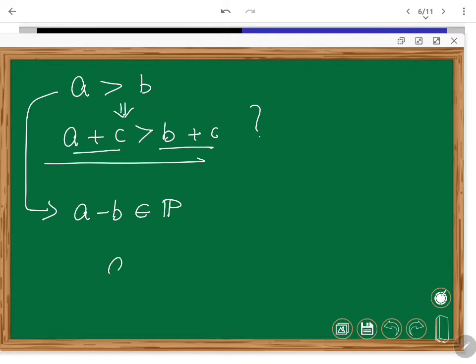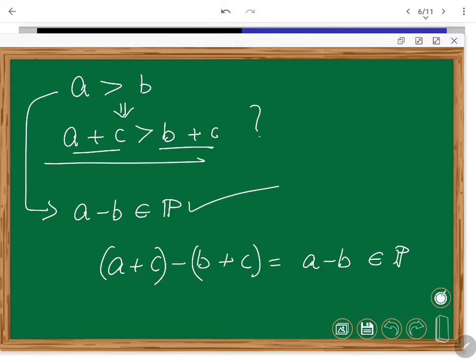See, A plus C minus B plus C. In some sense, you try to look at it. Will you get something from here? Because obviously A plus C minus B plus C will be nothing other than A minus B. This is going to be in P. Why is it so? A minus B is in P from the hypothesis. A plus C minus B plus C is going to be A minus B. Right?